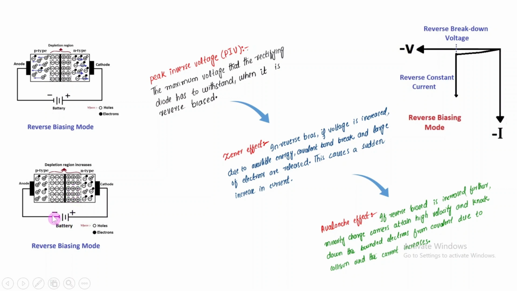And if we increase the provided voltage beyond that, the kinetic energy of the knocked electron will be increased further, and it will remove the covalently bonded electrons of the neighbor atoms and increase the current further. This effect is called the avalanche effect.